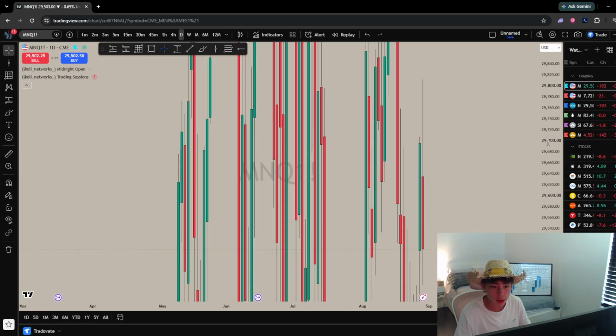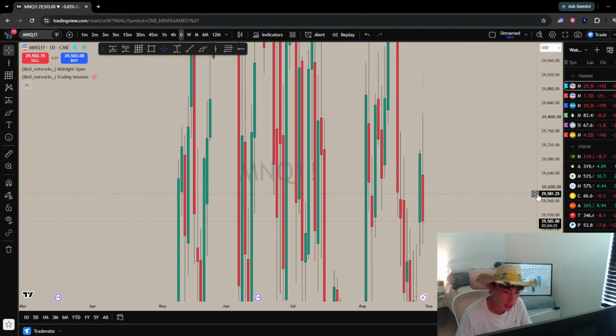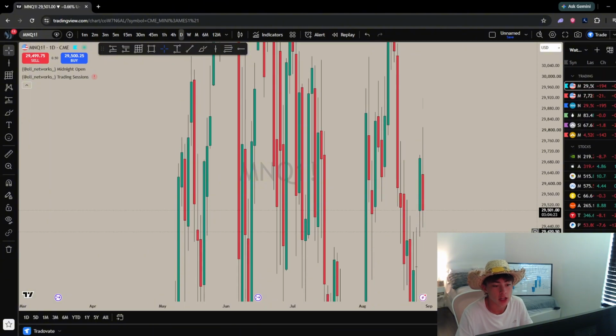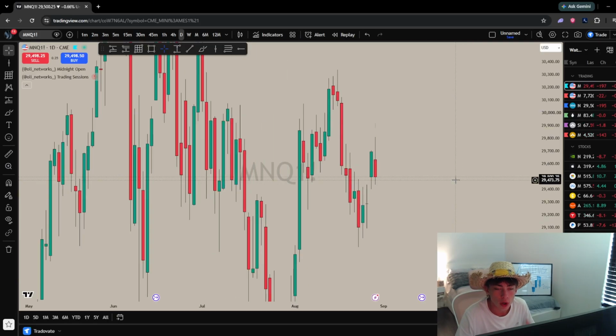So another really good example of how we can use fair value gaps to our advantage is for our bias, as I just said. If you're unfamiliar with the word bias, when we get onto the charts, when we get onto the market, our bias is what we think price is going to do for the day. It is which direction we think price is going to go for the session.